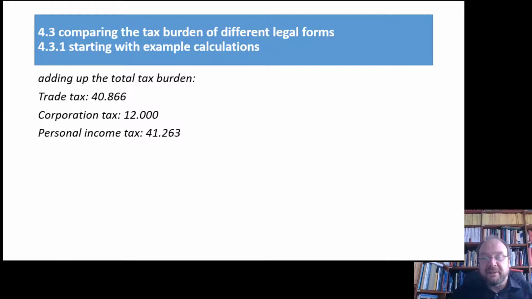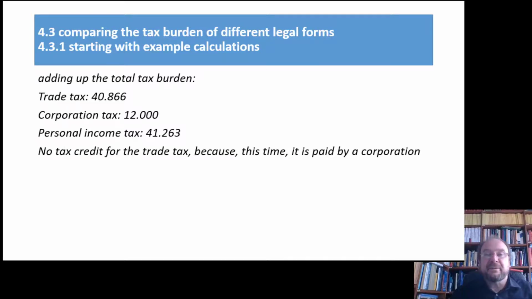You do not get a trade tax credit because this time the corporation paid the trade tax, and you can't credit trade tax to corporation tax. So we end up with a total amount of 94,129. That is already higher than in the case of a sole tradership.